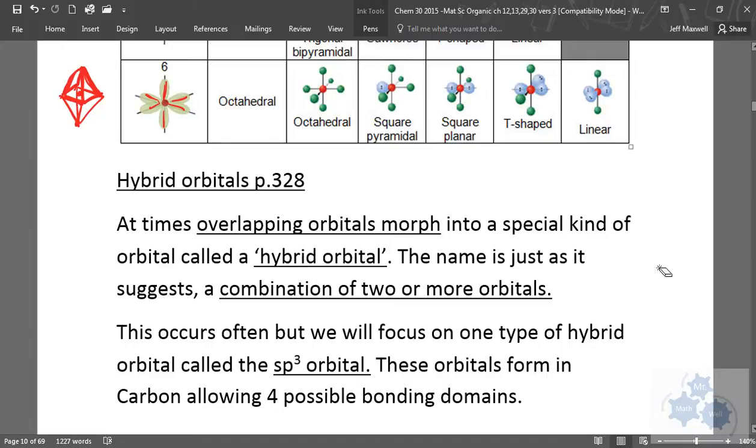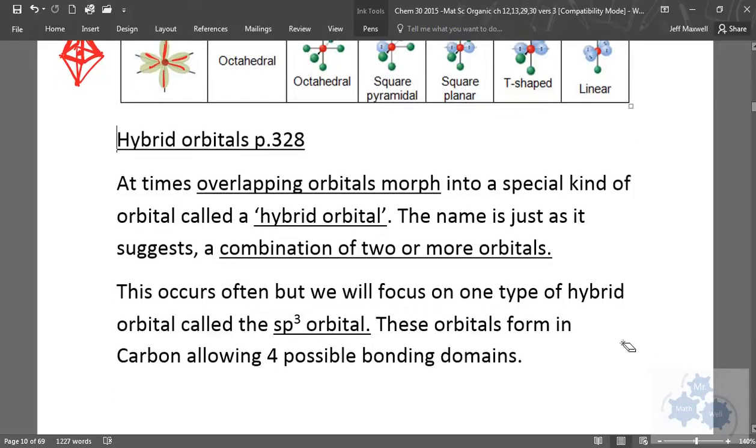This occurs often, but we'll focus on one type of hybrid orbital called the sp3 orbital. And again, on page 328, it gives you some good diagrams. These orbitals form in the carbon, allowing 4 possible bonding domains. So the reason why carbon can bond 4 different ways is because of this special overlap of orbitals.